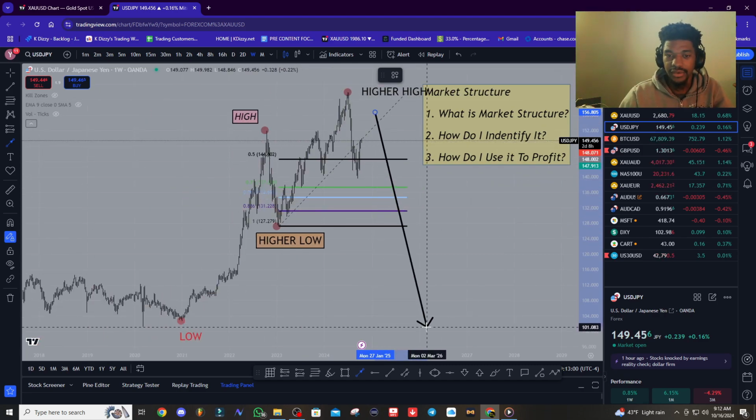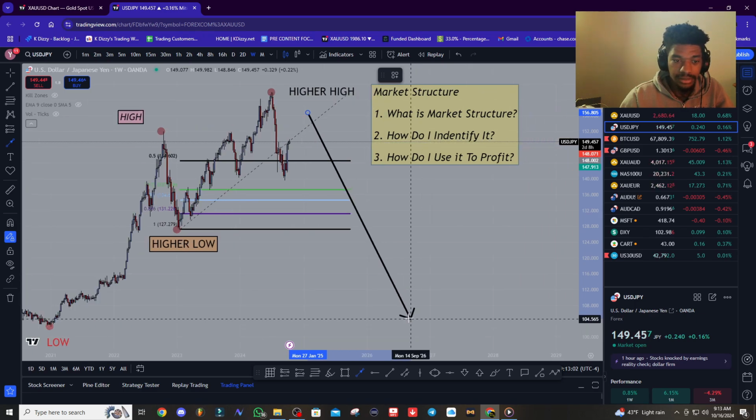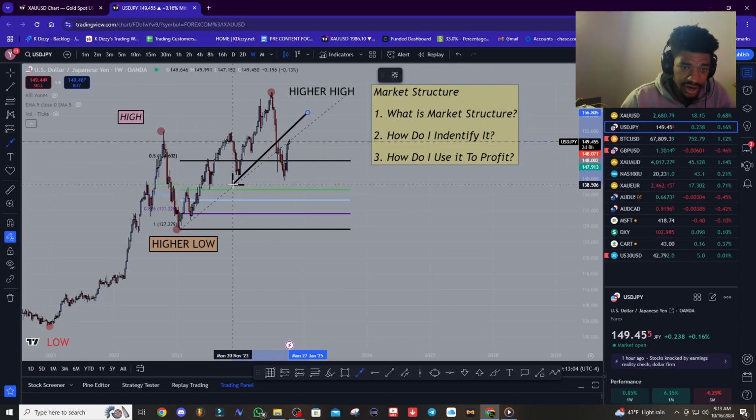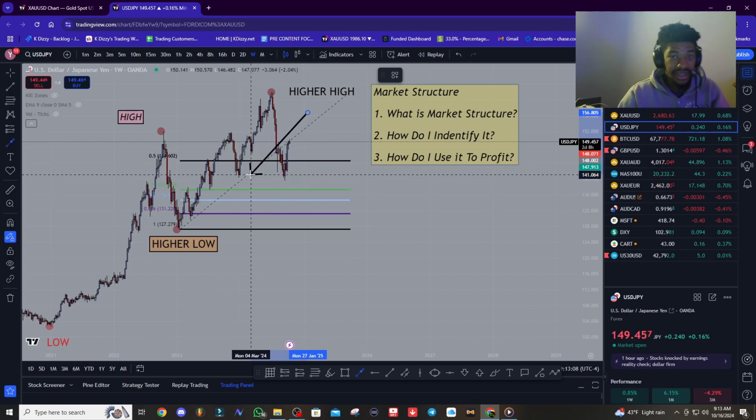Well, no, it has to have a reason to, because as much of an arcade as this chart looks, the banks and things like that are actually the ones that have more power to move the market the way they want to, because they have more money. They have more influence on this operation because they have a lot of money to be moving around.